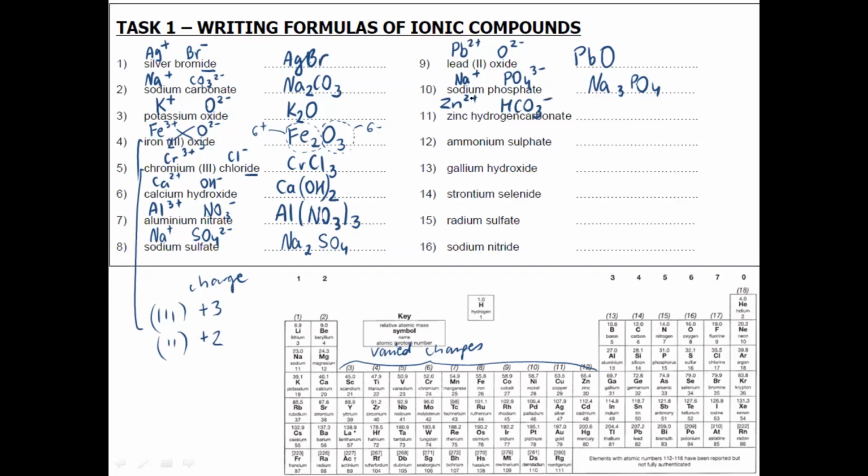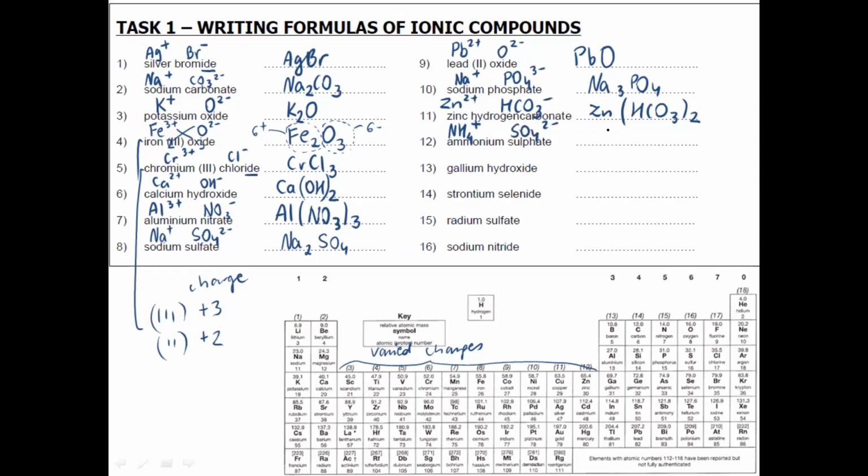Next, zinc hydrogen carbonate. Zinc is Zn2 plus, hydrogen carbonate is HCO3 minus. So that's a 2 plus, that's 1 minus. So I need to double the HCO3 minus. Zn, bracket, because HCO3 is big, and I double it. Next, ammonium, NH4, sulfur, sorry, my bad, NH4 plus, sulfate, SO4 2 minus.